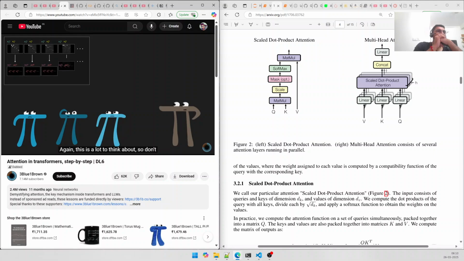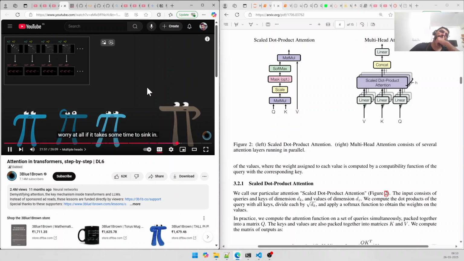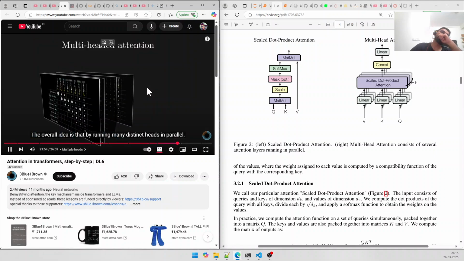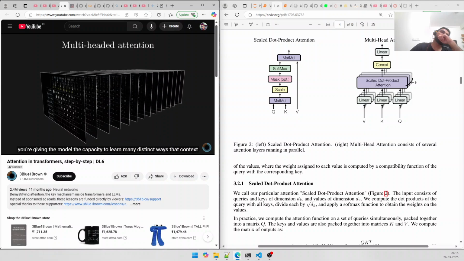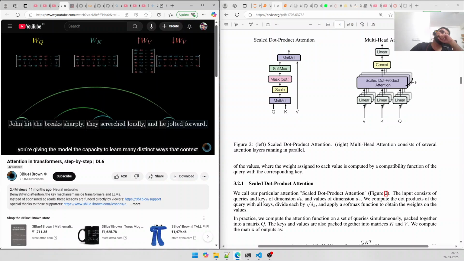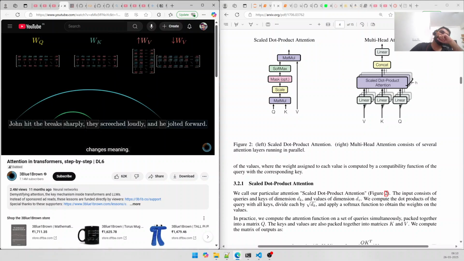Again, this is a lot to think about, so don't worry at all if it takes some time to sink in. The overall idea is that by running many distinct heads in parallel, you're giving the model the capacity to learn many distinct ways that context changes meaning.